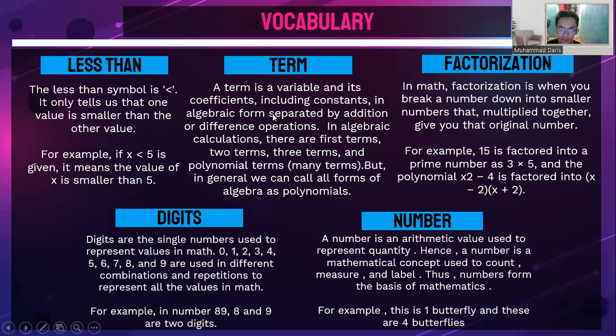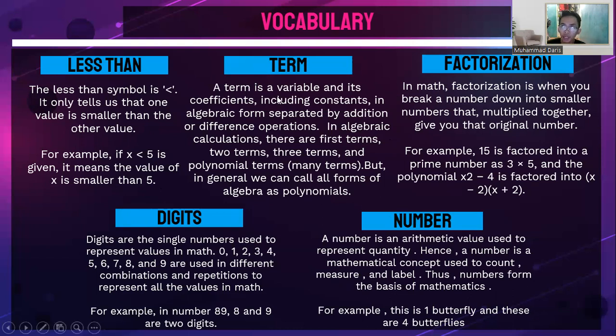Seventh, term. A term in Indonesian is suku. A term is a variable and its coefficient, including a constant, in algebraic form separated by addition or a different operation. In algebraic calculation, there are one term, two terms, three terms, and many terms, but in general, we can call a form of algebra a polynomial.